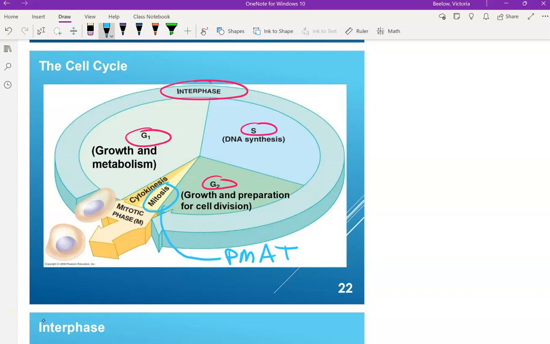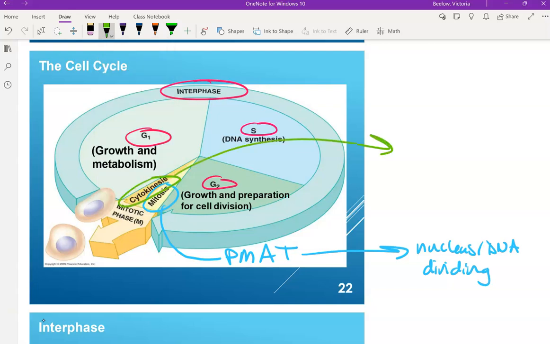And that's the nucleus and DNA dividing, while cytokinesis is the cytoplasm dividing. And this will usually overlap with telophase.